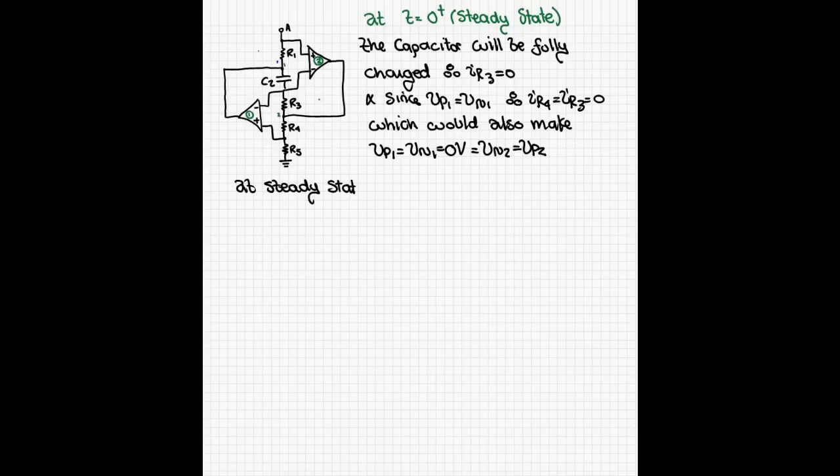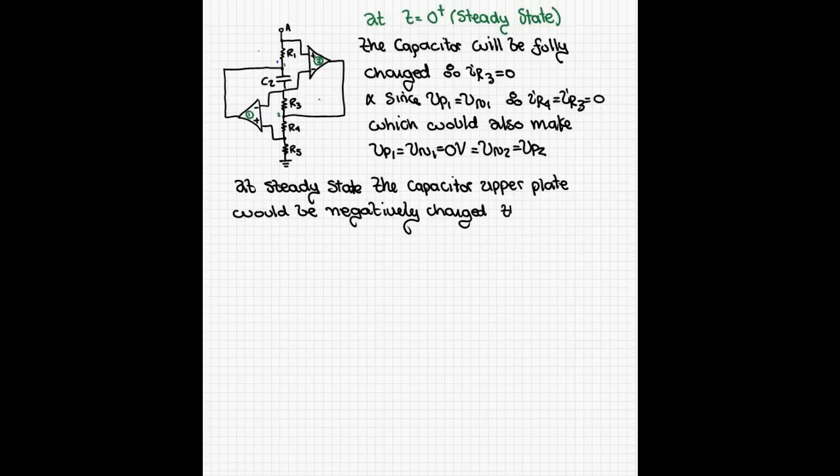Steady state, the capacitor upper plate would be negatively charged, thus creating a drop through R1.